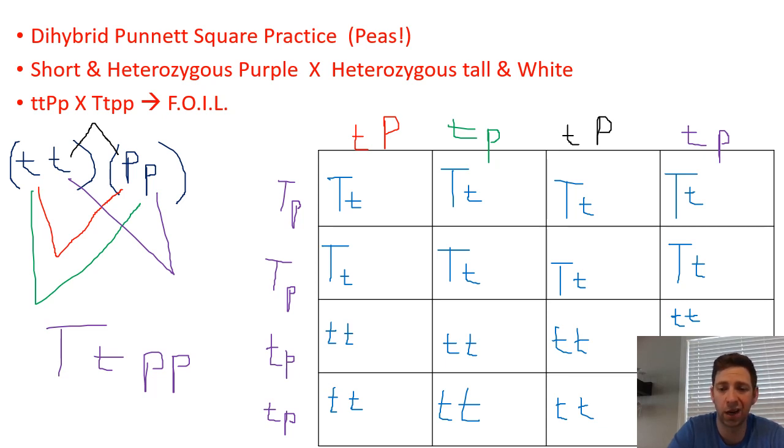Okay, next, again, I'll try to color code this. I will go ahead and fill out the second allele for color. Looks like this whole column is going to be heterozygous. This whole column is going to be homozygous recessive.